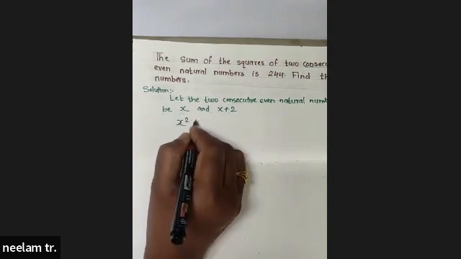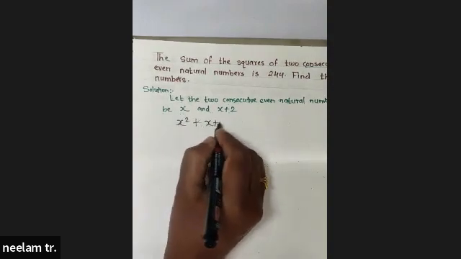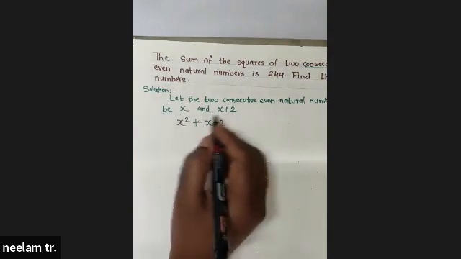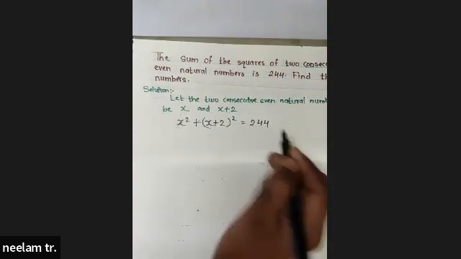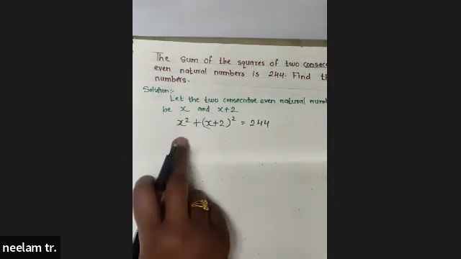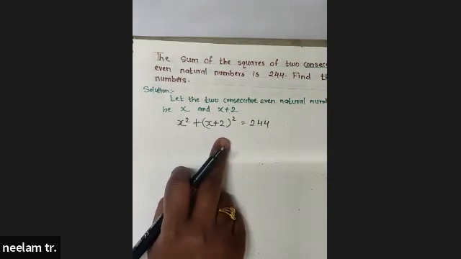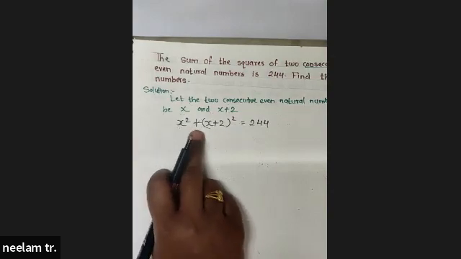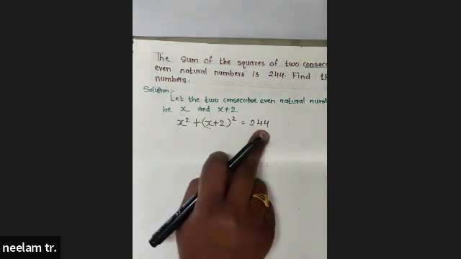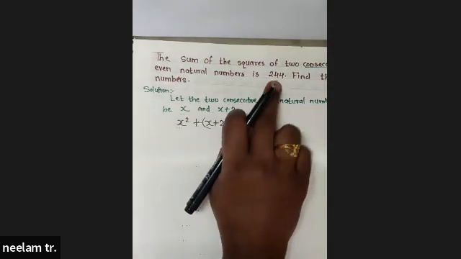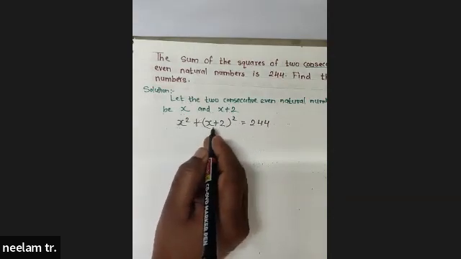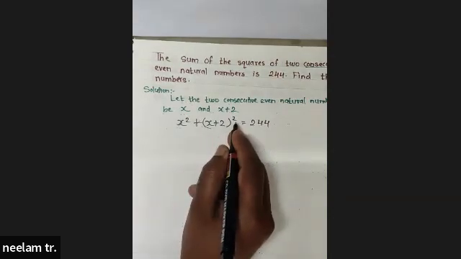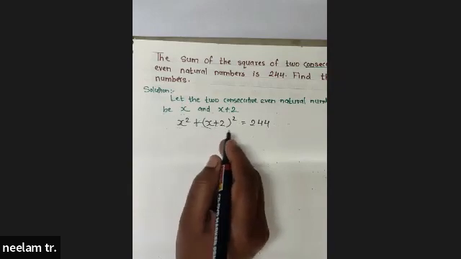x square plus, sum means add, x plus 2 whole square. What is given is 244. I hope it is clear where this is coming from. x square plus x plus 2 whole square is equal to 244. Now you need to open this bracket. Apply the formula for a plus b whole square: a square plus 2ab plus b square.